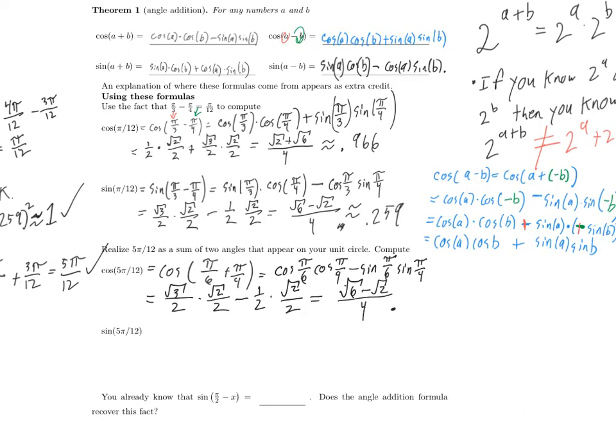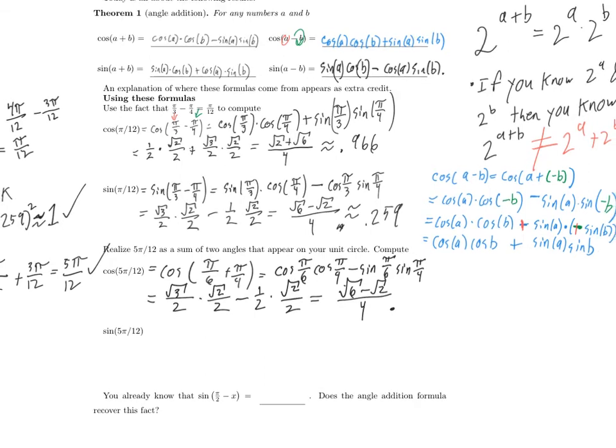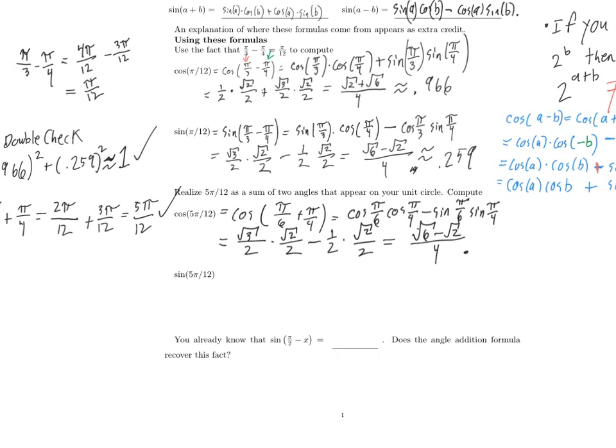Now, do the same thing for the sine of 5 pi over 12. Well, it's the same computation, which you guys have also already done, so I'll be a little bit quick. Sine of pi over 6 times the cosine of pi over 4 plus the cosine of pi over 6 times the sine of pi over 4.